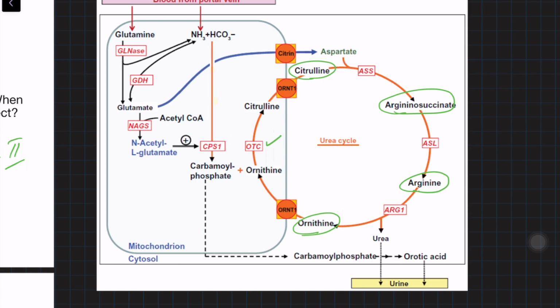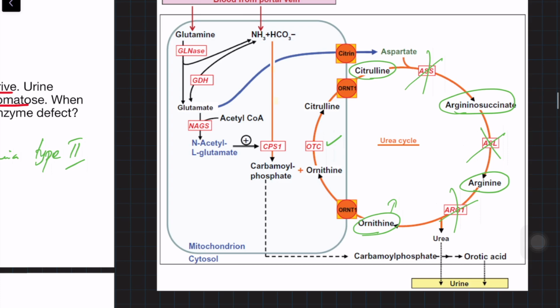If citrulline is elevated, then the enzyme defect would be this enzyme. If argininosuccinate is elevated, the enzyme defect would be this one. If arginine is elevated, the enzyme defect would be this one. And if the ornithine transporter is a problem, then ornithine would be elevated. So based on this, we can identify which is the problematic enzyme.